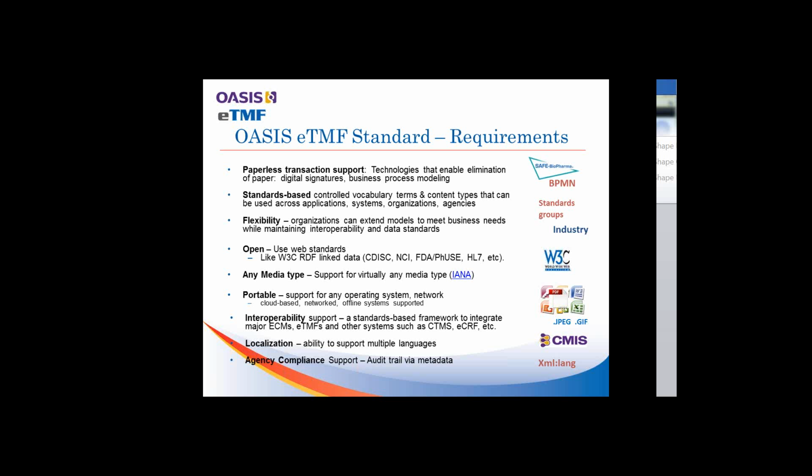At the second layer, we have something we call the vocabulary layer, which is primarily metadata vocabulary, comprised of inputs from standards organizations such as National Cancer Institute, CDISC, BRIDG, HL7, industry group terms, and organization-specific terms. We have flexibility to allow organizations to define their own terms while maintaining interoperability.